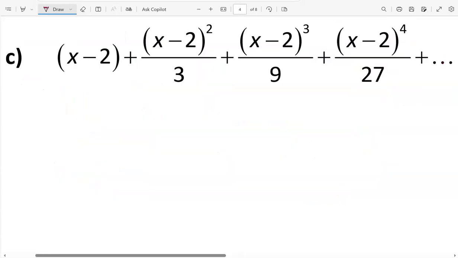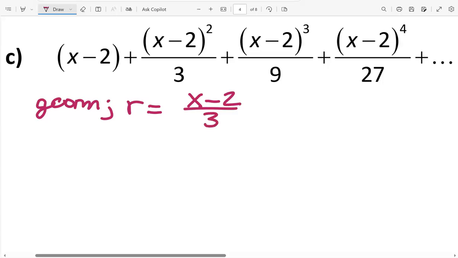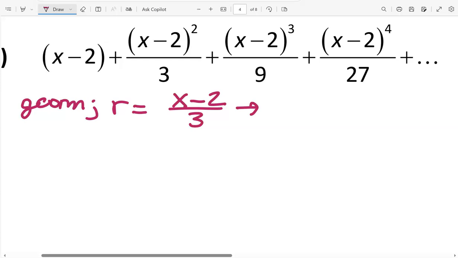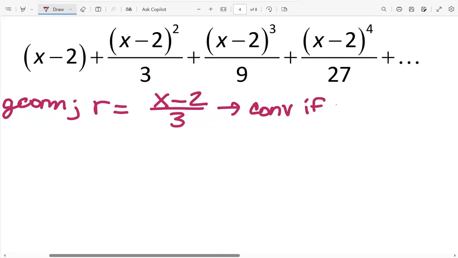In C, we have a geometric series with a common ratio of (x minus 2)/3. So this series will converge if that ratio, (x minus 2)/3, is between -1 and +1.